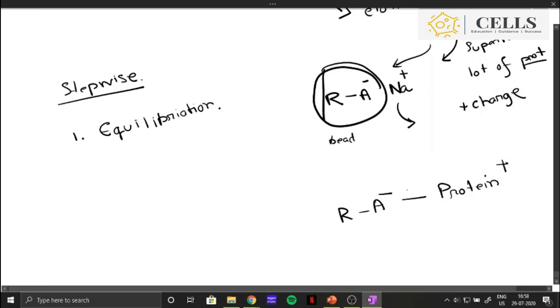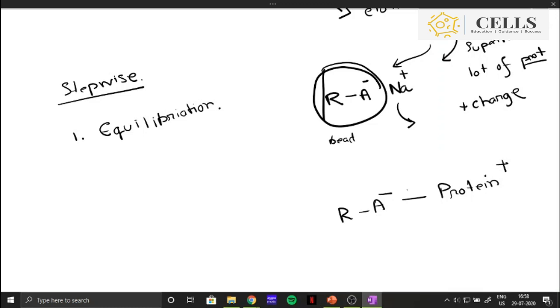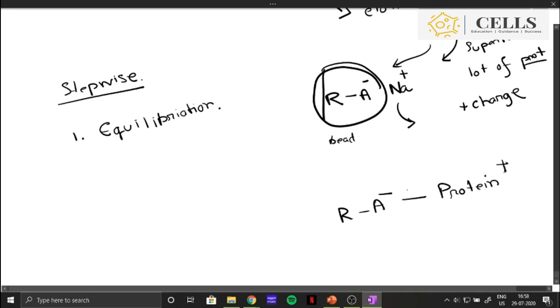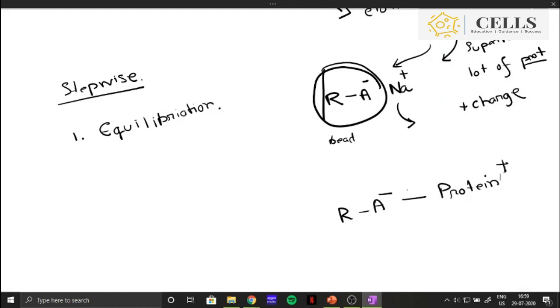The exchange is purely because of the concentration difference and the affinity difference. Because the protein also has a positive charge, it will still bind to the negative charge resin. Sodium also has a positive charge, it also binds to the negative charge resin.